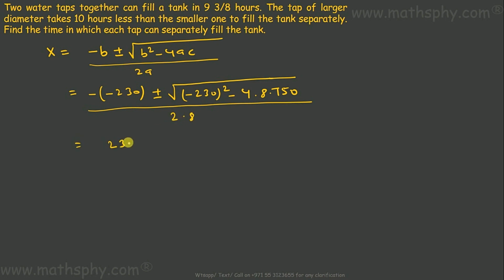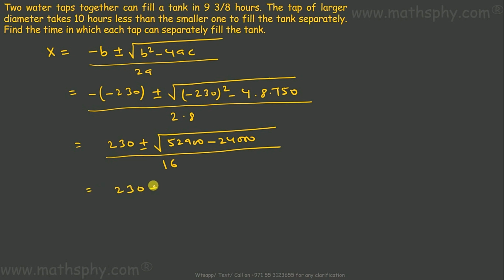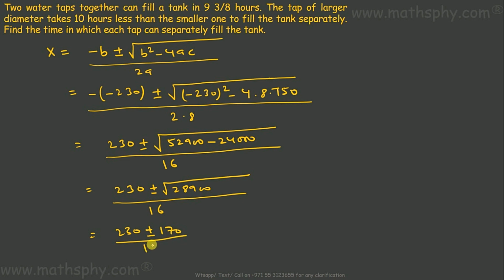This is 230 plus minus root of 52,900 minus 24,000 over 16. So this will be 230 plus minus root of 28,900 over 16. So this will be 230 plus minus 170 over 16.